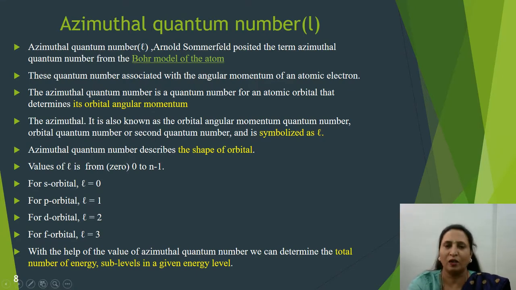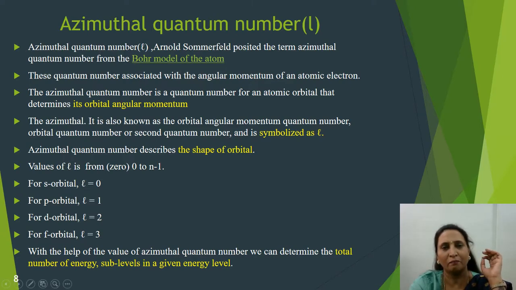The azimuthal quantum number is a quantum number for an atomic orbital that determines orbital angular momentum. It is also known as the orbital angular momentum quantum number, the orbital quantum number, or the second quantum number. It is symbolized by the small letter l.